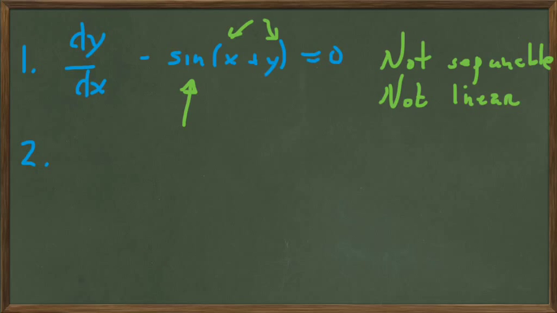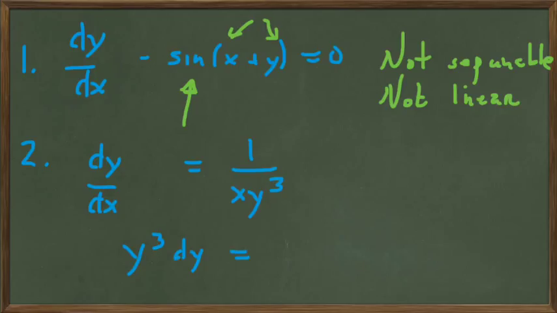So let's look at a second example of a differential equation and see if it is separable. So let's take this differential equation: dy/dx equals 1 over x y cubed. So this one, if we just do some pretty simple algebra, we see that it can be rewritten as y cubed dy equals dx over x.